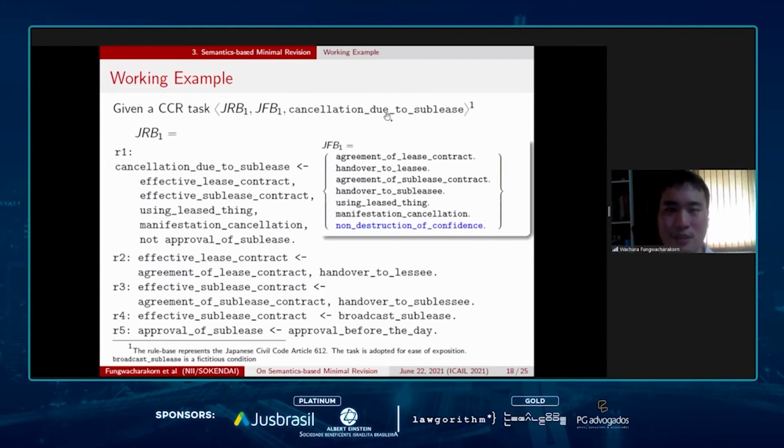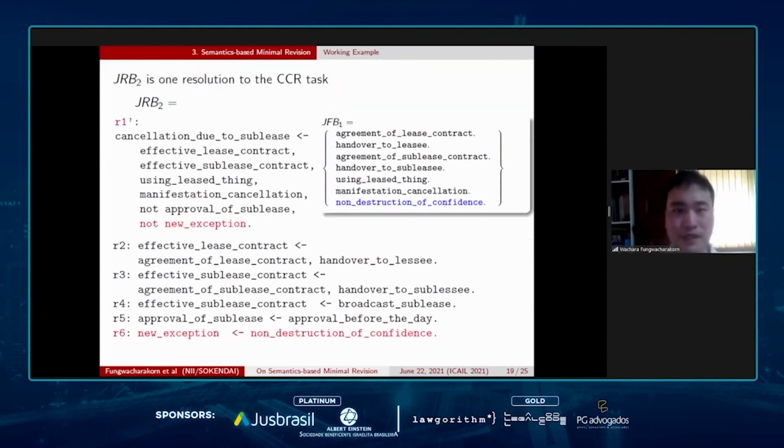So the cancellation due to sublease is our counterintuitive consequence here. One way to revise, to have a solution to this, is to add a new exception, where the new exception is derived from non-destruction of confidence, the extra fact.